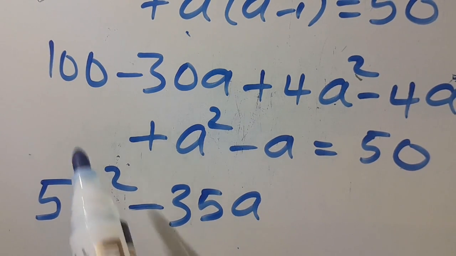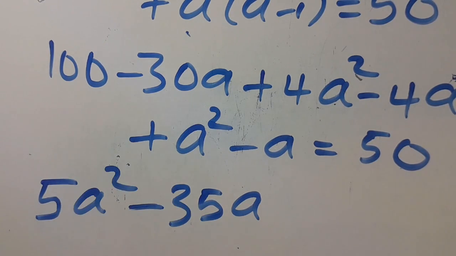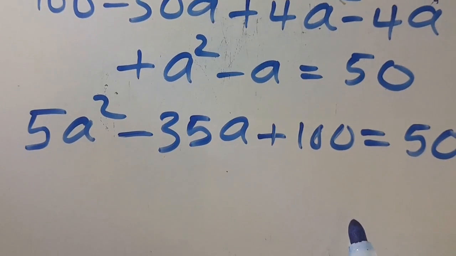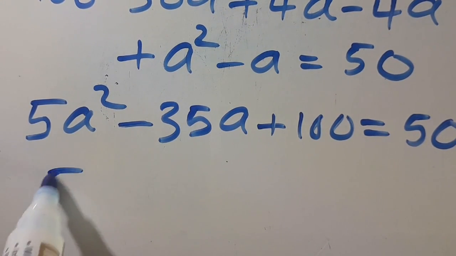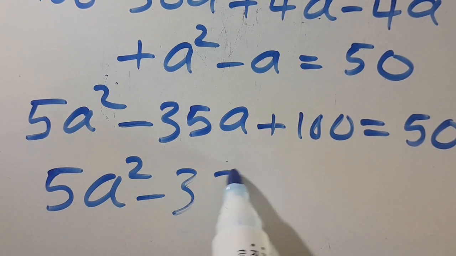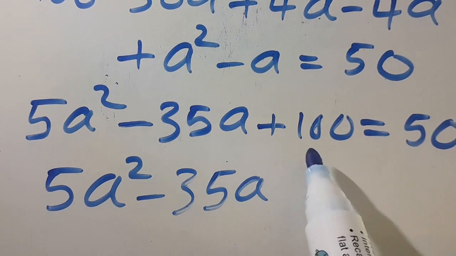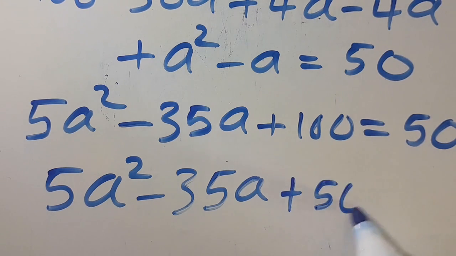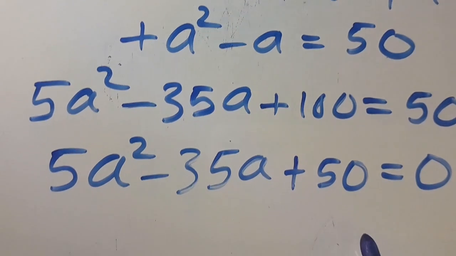Then we have plus 100, then equals 50. So from here we have 5a squared minus 35a. Taking this one to here will now be plus 50. Then we have everything equal to 0.